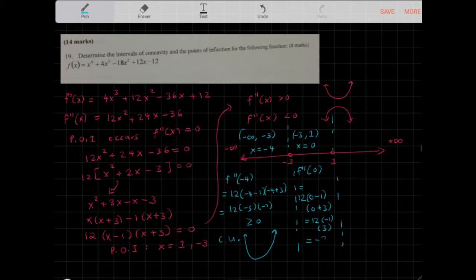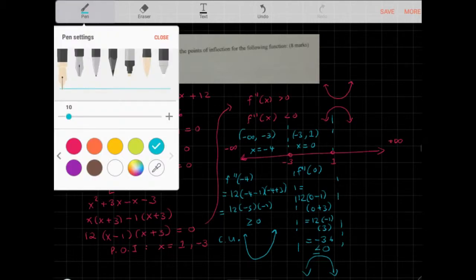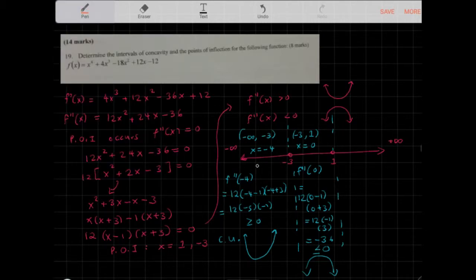That gives me negative 36, which is a negative value. So it's less than 0, and as a result, it's concave down. So it's concave up between negative infinity and negative 3, and concave down between negative 3 and 1.